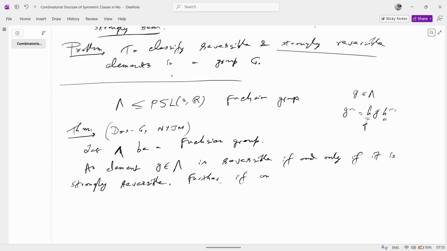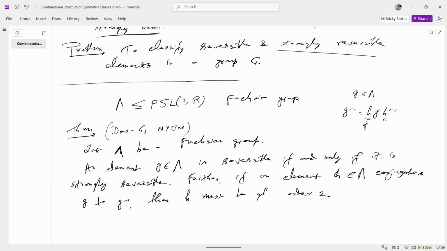Further, if an element h in lambda conjugates g to g inverse, then h must be of order 2. So this is what I interpreted by saying that all reciprocal geodesics must pass through these order 2 cone points.